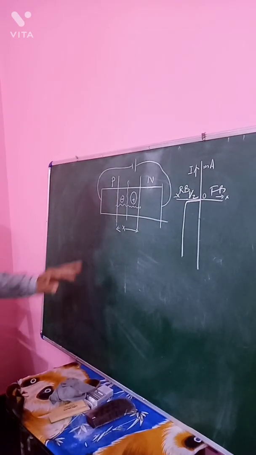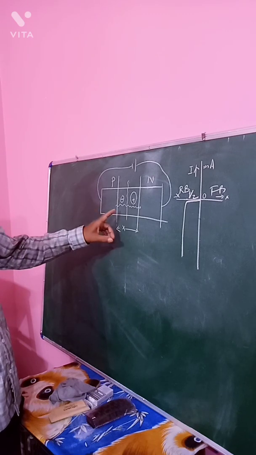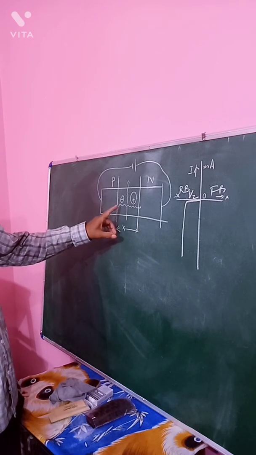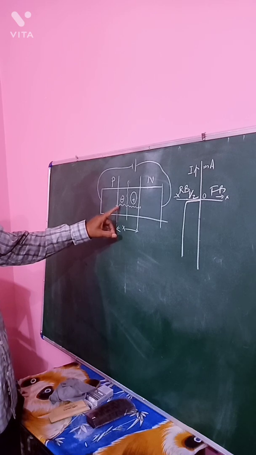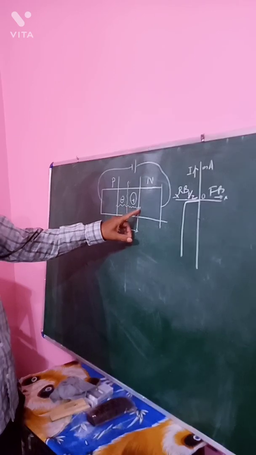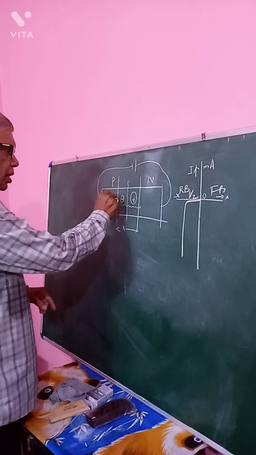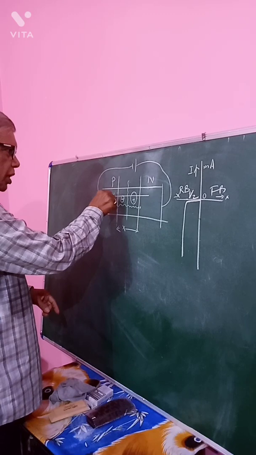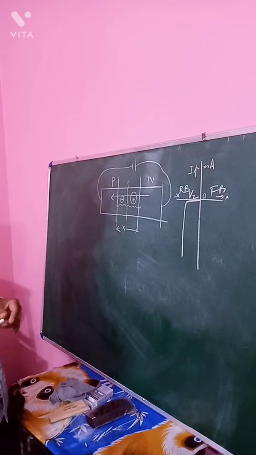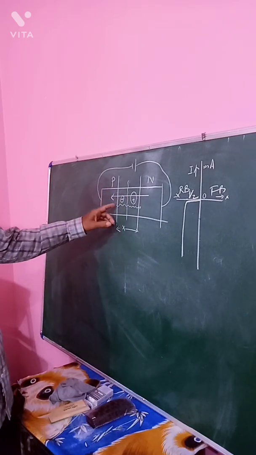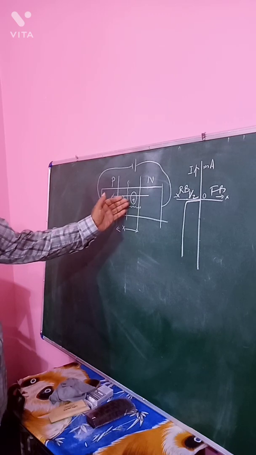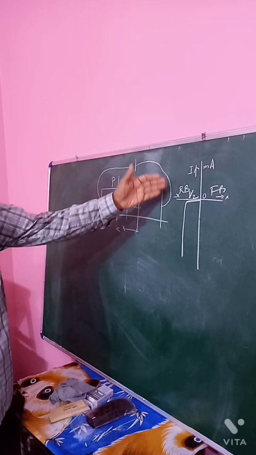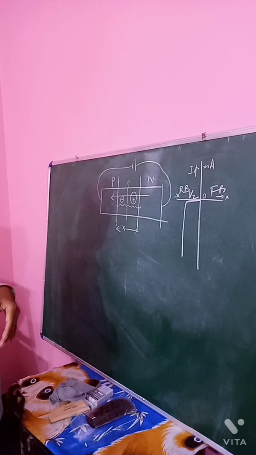Now again I am telling, because of the minority charge carriers, electrons in the p region move towards the n side, because the electric field is from n to p due to reverse biasing. Current flows because these electrons are swept out by the positive terminal.